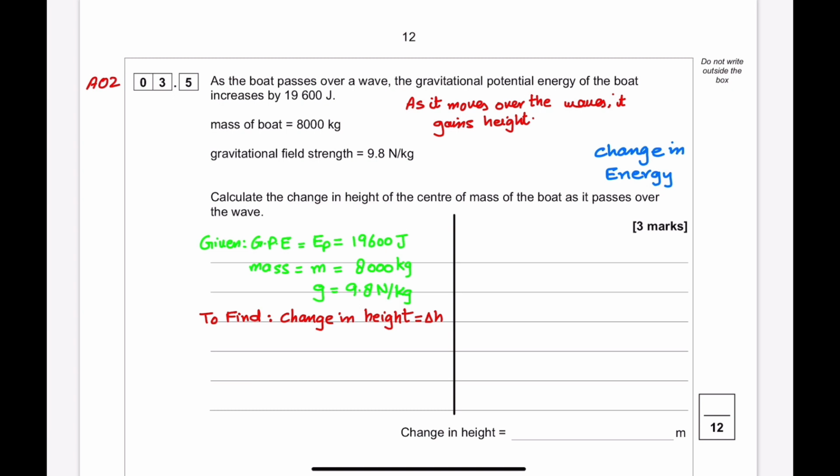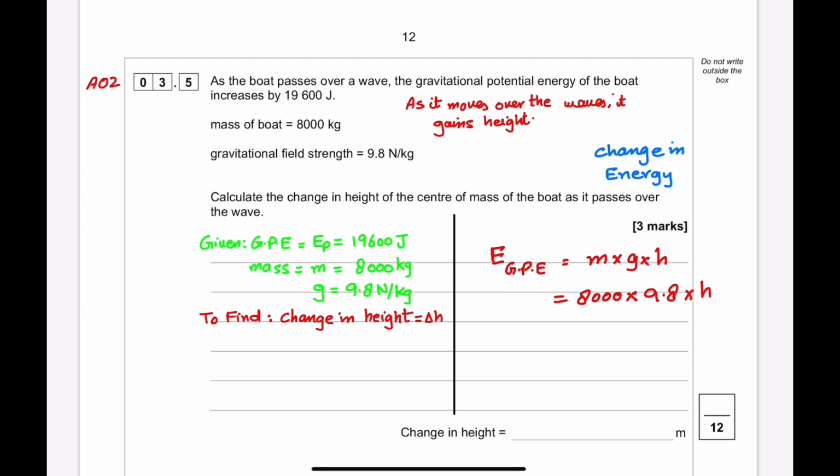The student needs to use the formula for the gravitational potential energy, that is gravitational potential energy equals mass times g times h. Mass is 8,000, value of g is 9.8 newton per kilogram.